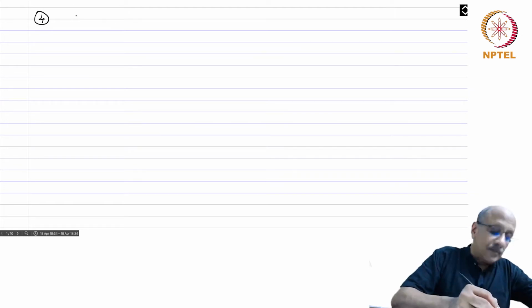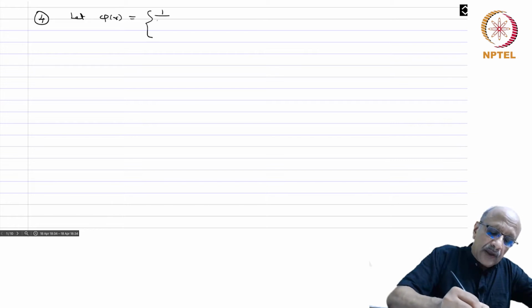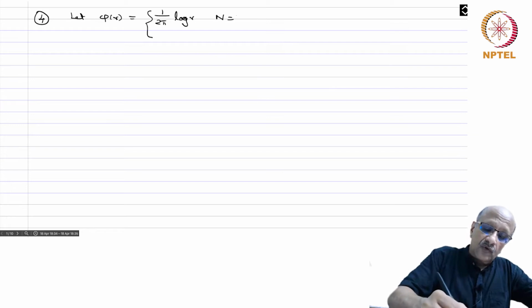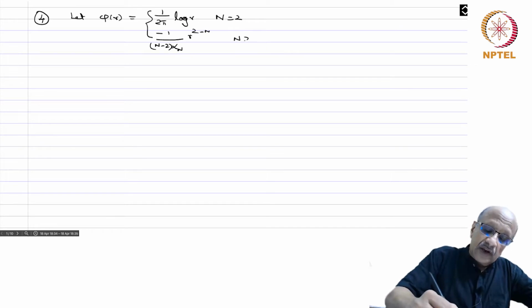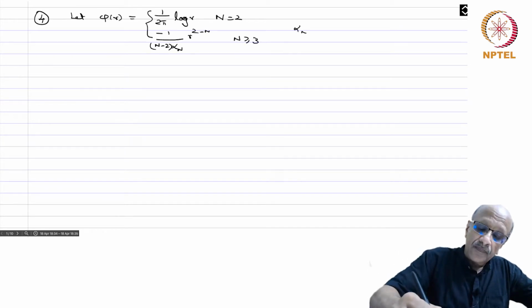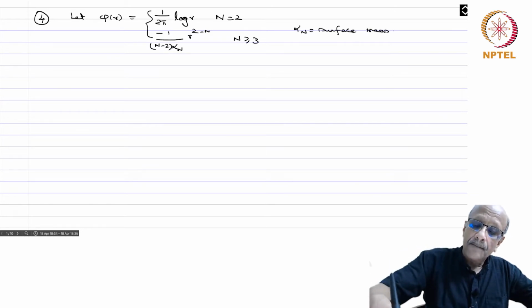So 4. Let phi of r equal to 1 by 2 pi log r if n equals 2, and minus 1 by (n minus 2) alpha n r to the 2 minus n if n is greater or equal to 3, where alpha n equals the surface measure of the unit ball in Rn.